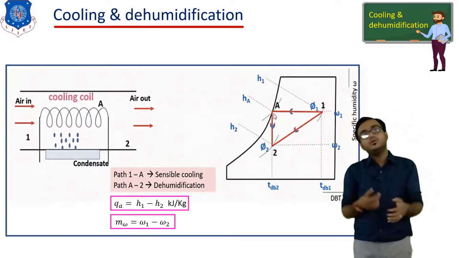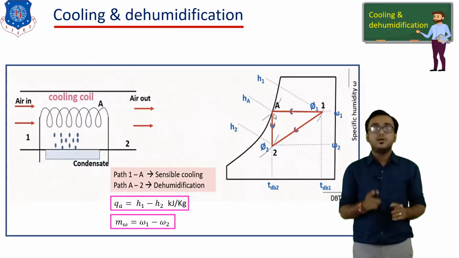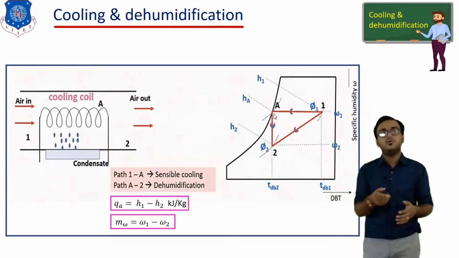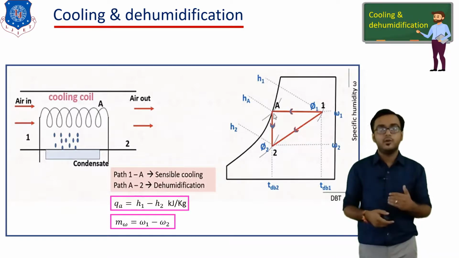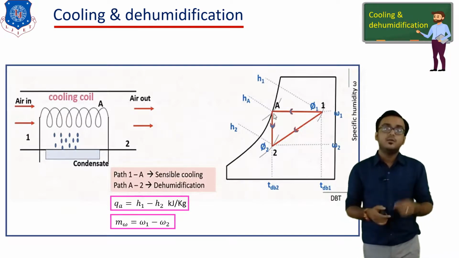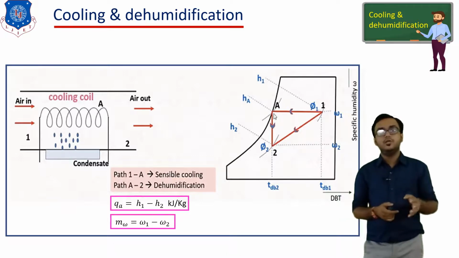In order to dehumidify air, we need to maintain the cooling coil surface temperature at or below the dew point temperature. How do we maintain it? We can maintain it by regulating the mass flow rate of the refrigerant flowing through the circuit.